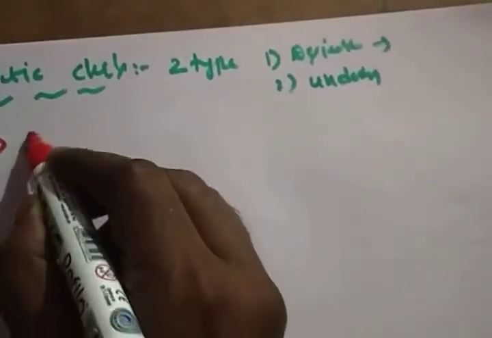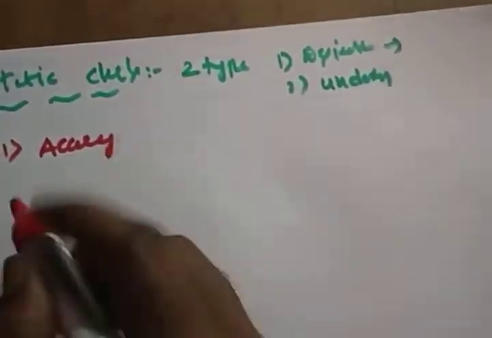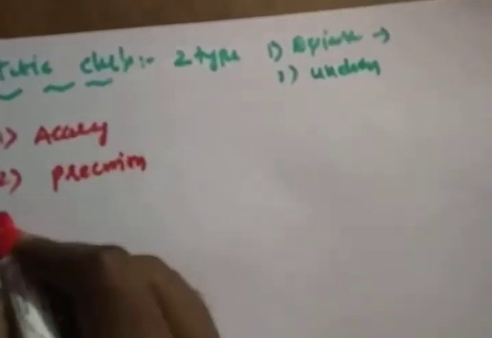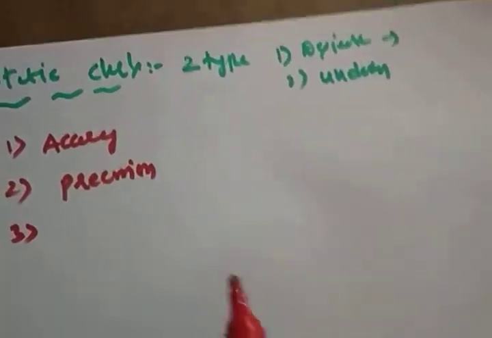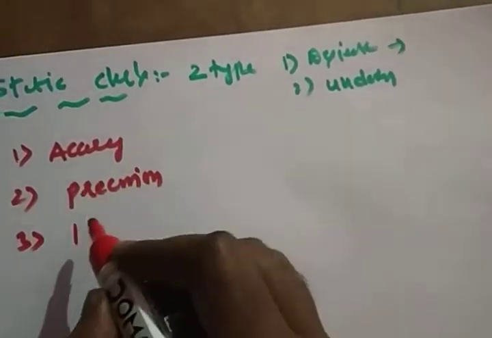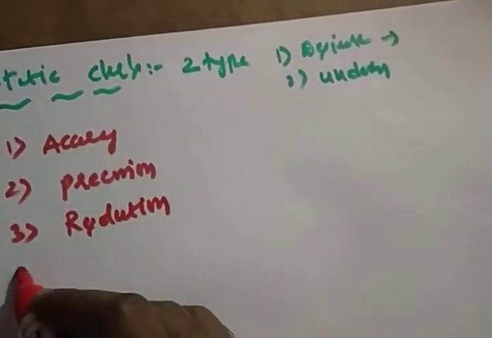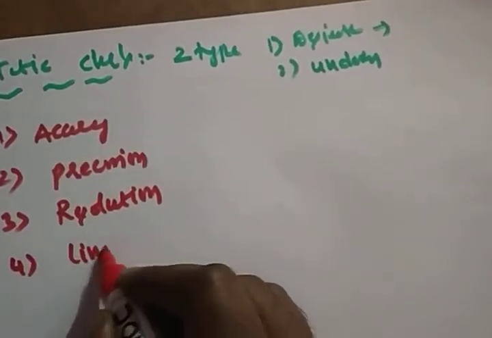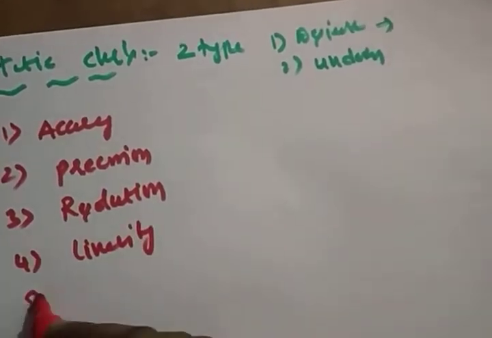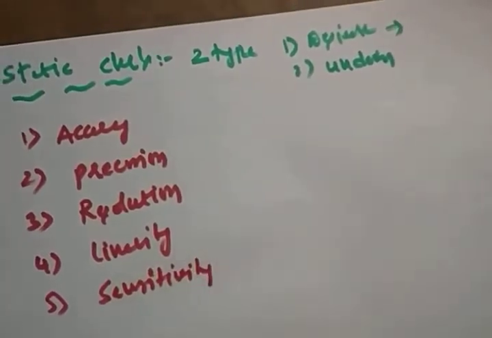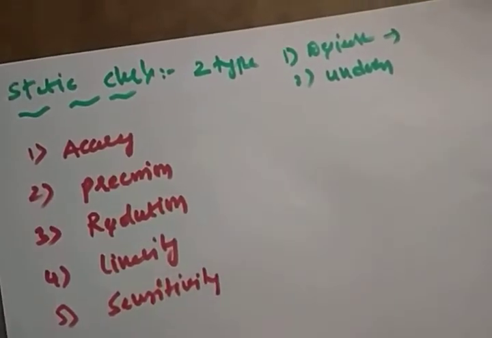First one is accuracy, precision, resolution, linearity, sensitivity. The same characteristics will repeat because a transducer is nothing but an instrument.